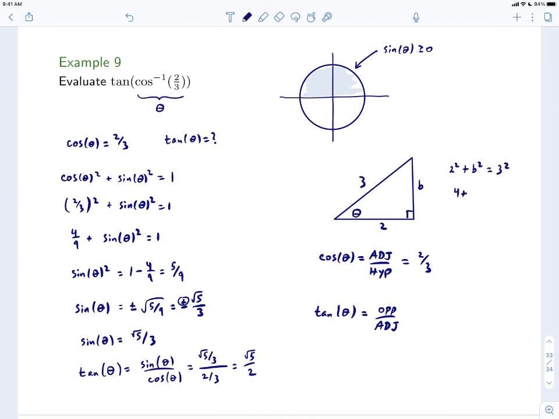So 4 plus b squared is equal to 9. So b squared is equal to 9 minus 4, which of course is 5. So b is equal to the square root of 5. So this is the square root of 5. So tangent is the opposite over adjacent, so it's the square root of 5 over 2, which of course is the same thing. So either way you do it, you'll get the same thing.